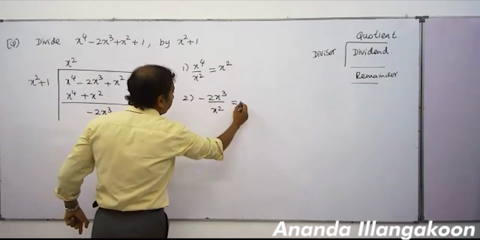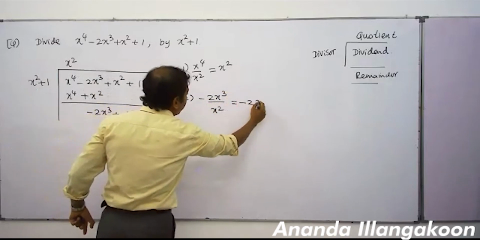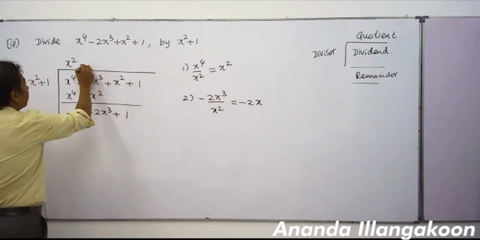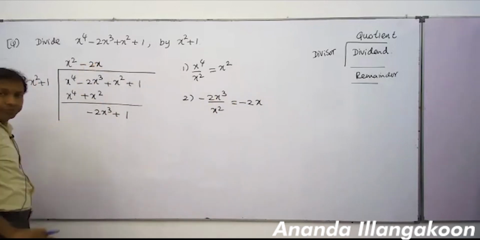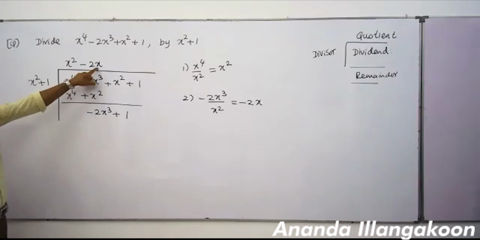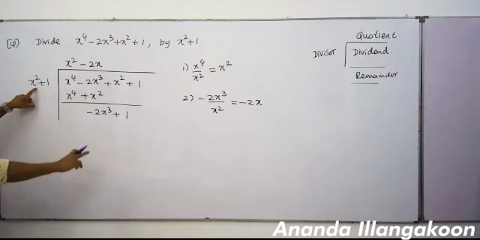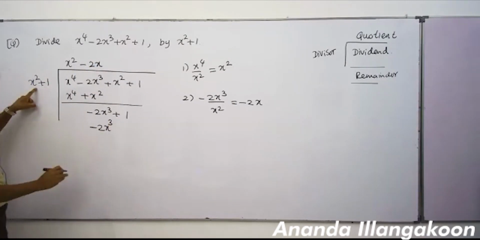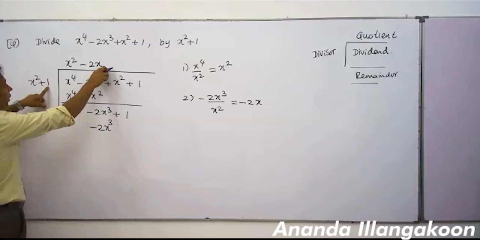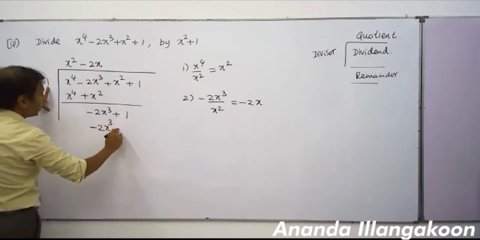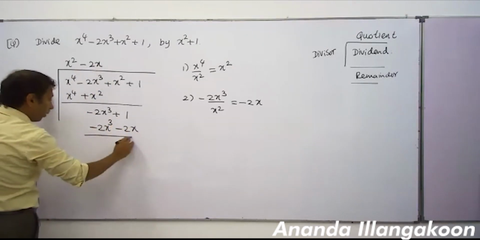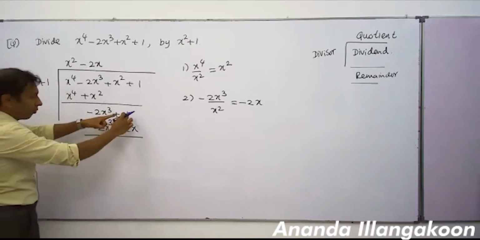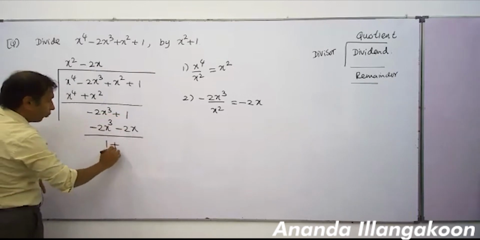What do you get? We get minus 2x. Now that minus 2x and this divisor we have to multiply and write the result below this. Minus 2x into x² is minus 2x³, and minus 2x into 1 is minus 2x. Now subtract these two. Then we get 1 plus 2x.